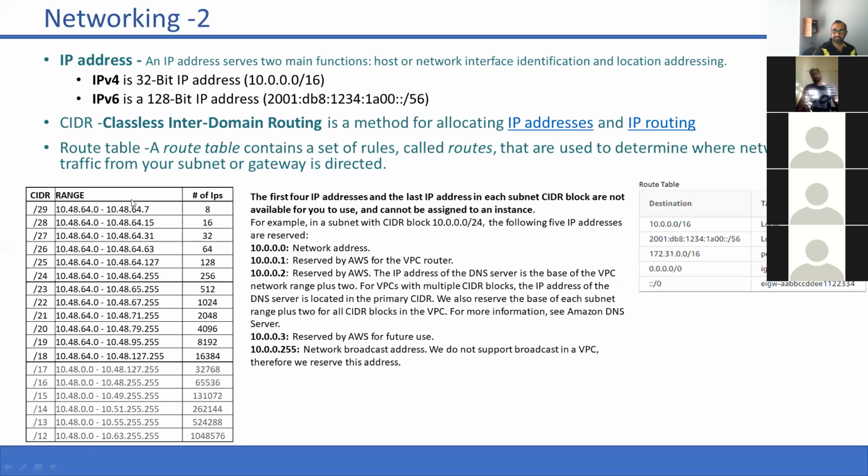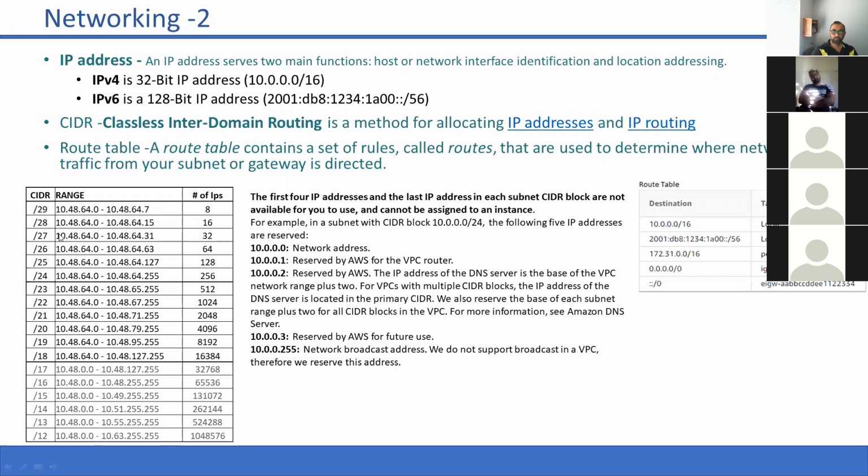So this is a part of the subnet. You're grouping multiple IP addresses as one subnet. In the same way, if you want 16 IP addresses, you can have a /28 and create a subnet.